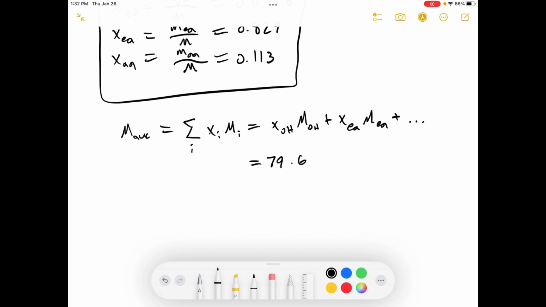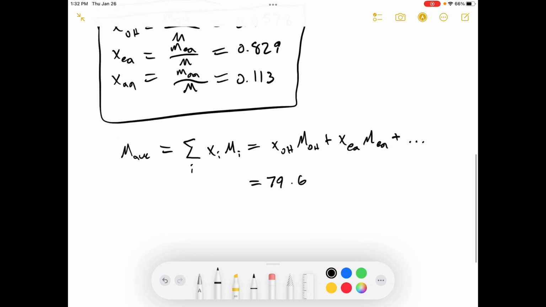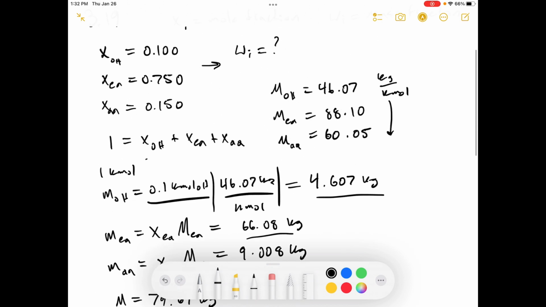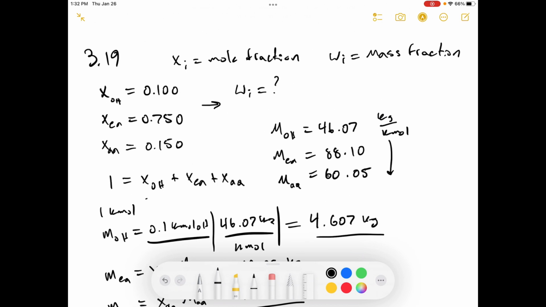And then that equals 79.6. If we look back at our molecular weights, it should be kind of the average of all of them, weighted by their mole fractions. The highest one is 88, and it also has the most weight, so the result should be closest to 88, and the other two should bring it down just a little bit.